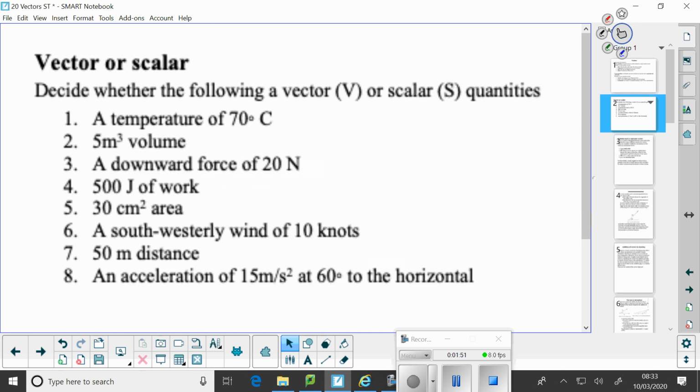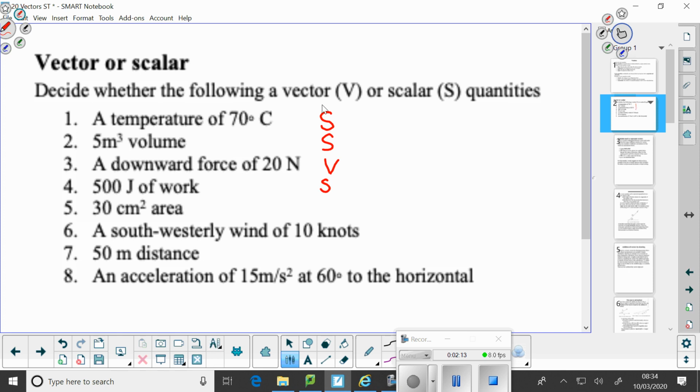Second slide, are these vector or scalar? A temperature of 70 degrees, V or S. 5 meters cubed of volume. A downward force of 20 newtons. That's the vector.